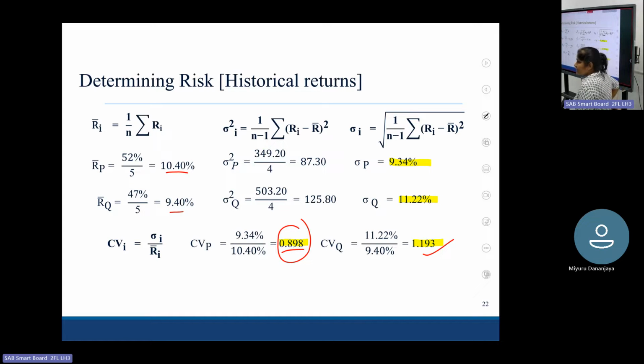Any questions, any clarifications on this calculation? Any elaborations if you require?